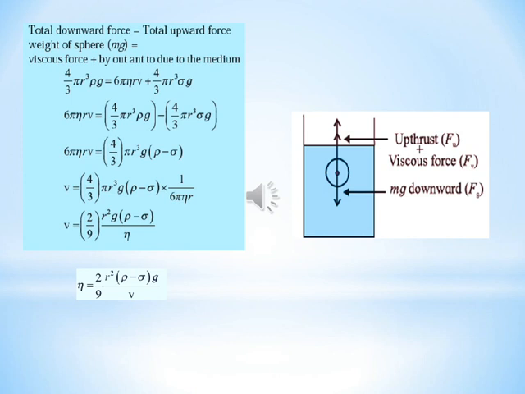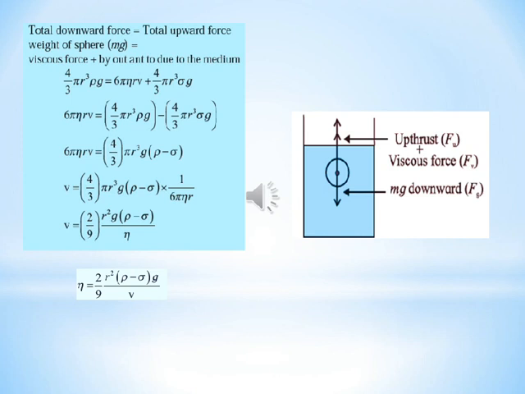So you get the equation 4/3 pi r cube rho g equals 6 pi eta r v plus 4/3 pi r cube sigma g.